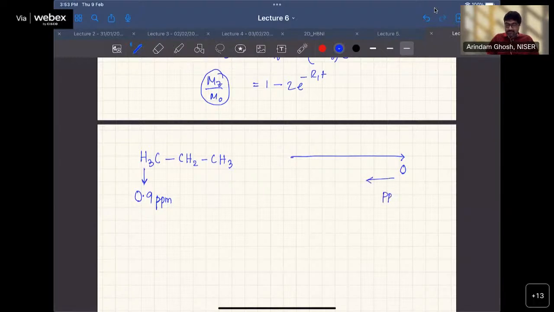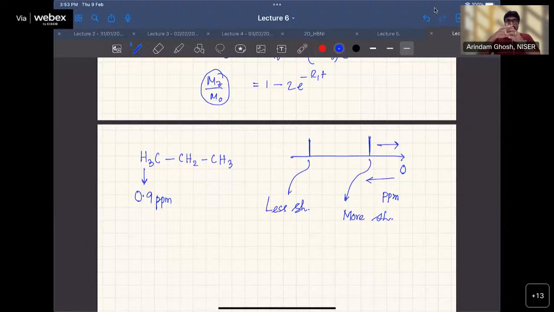So this is your ppm scale. If you have 2 peaks, one over here and one here, the peak which has the lower number is more shielded, and this one is less shielded.